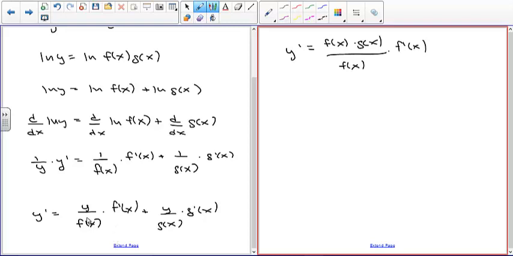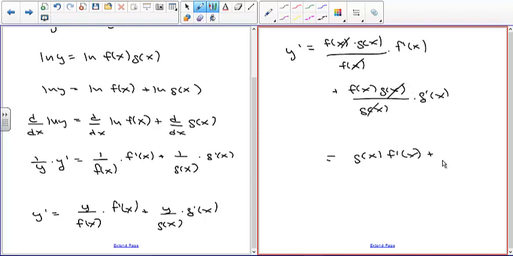That's the first term. So y is f of x times g of x divided by f of x times f prime of x. The second term is f of x times g of x divided by g of x times g prime of x. And you see these cancel out, and you get g of x times f prime of x plus, these cancel out, f of x times g prime of x, which is the product rule.